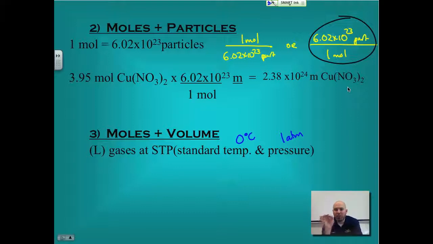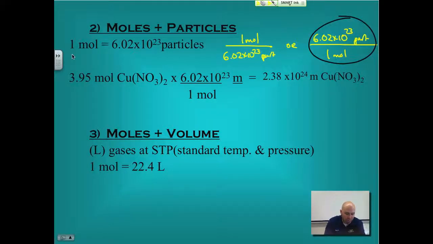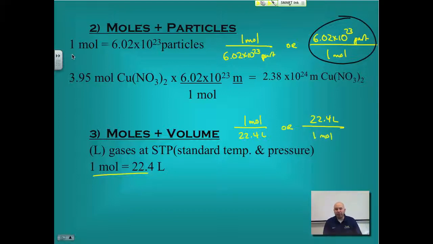Basically, 1 mole of any gas at STP is 22.4 liters. So this becomes our unit equality. 1 mole is 22.4 liters. So I could say 1 mole per 22.4 liters, or I could say 22.4 liters per 1 mole. All right, there are my conversion factors.